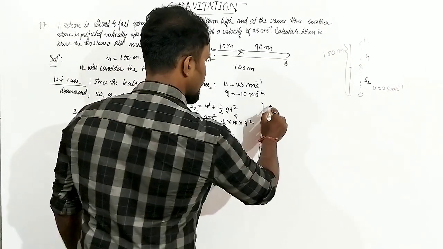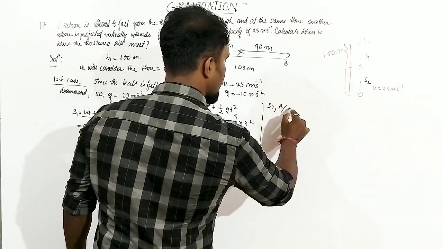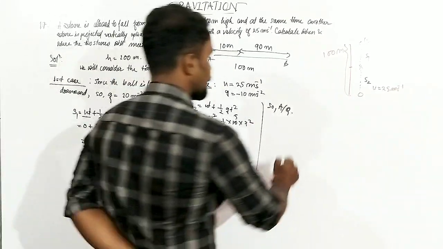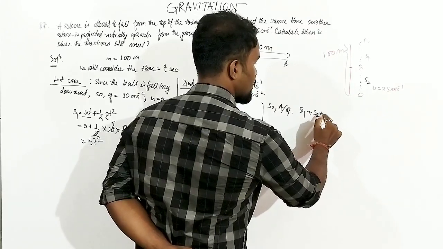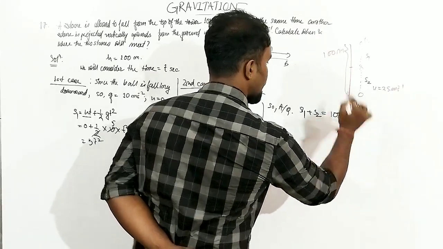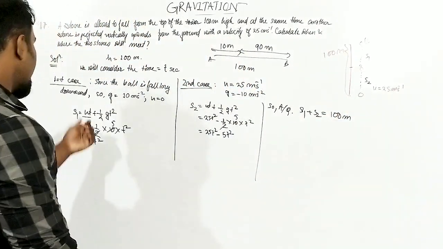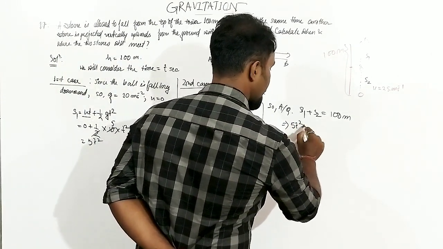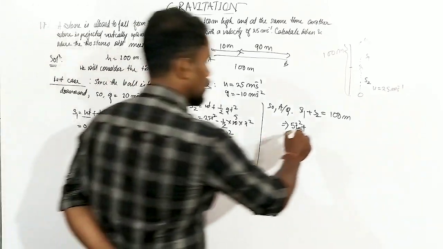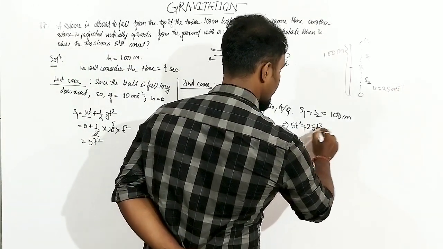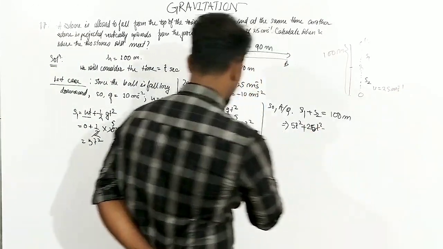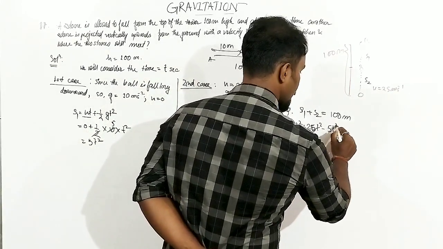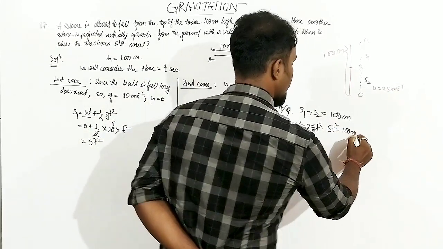So according to the question, we can write s1 plus s2 equal to 100 meter. Alright, now put the values. S1 we have got 5t square plus, the value of s2 is 25t square minus 5t square, is equal to 100 meter.